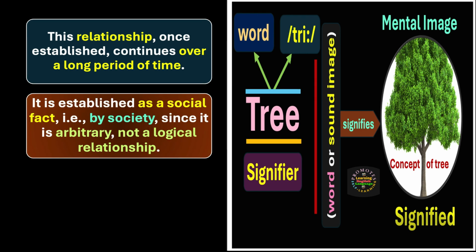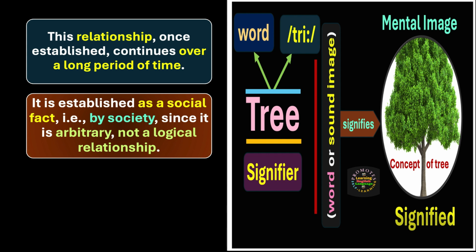It is established as a social fact that is recognized and accepted by society, since it is arbitrary, not a logical relationship. Why is it arbitrary? Because the word tree, T-R-E-E, we bring this mental image right from the very beginning.